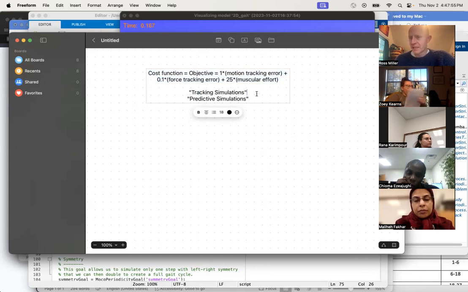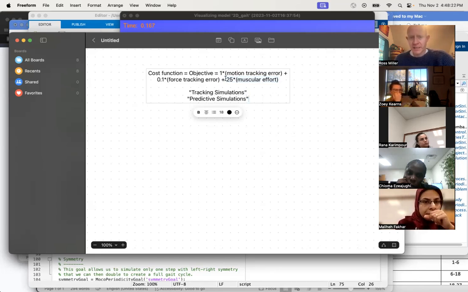A tracking simulation is typically one where you have some target motion, typically movements and ground reaction forces, specified from data, from measurements in human participants. And you're trying to get the model to move like that measured data as close as you can, with this cost function here. And then maybe on top of that, you also have some effort-related term tacked on there. Okay.